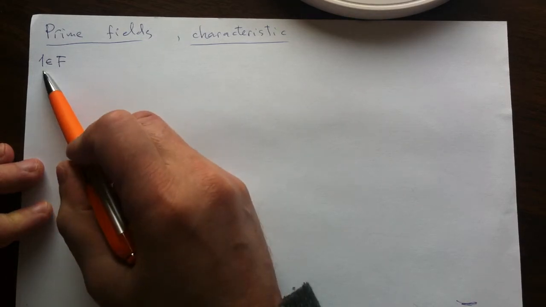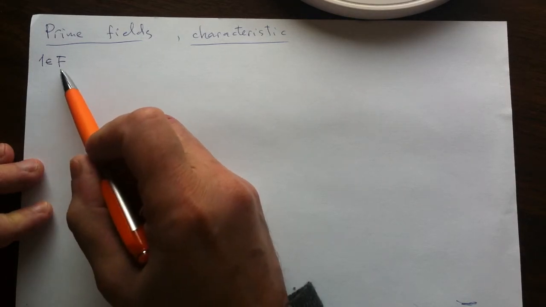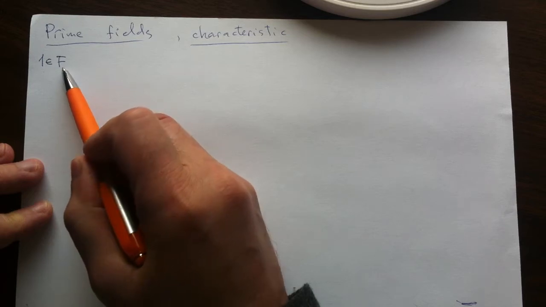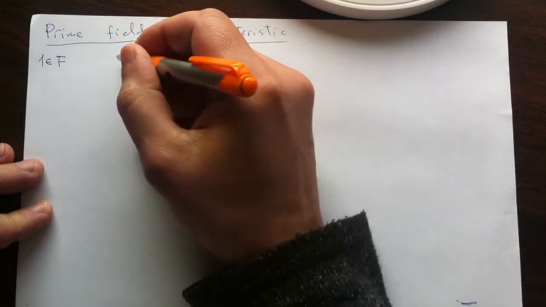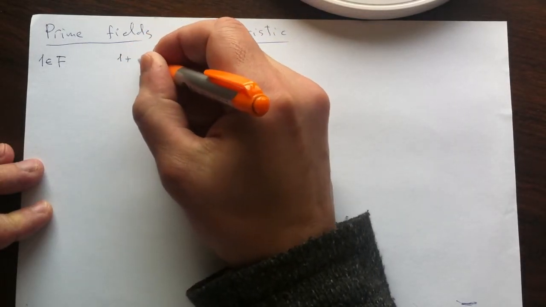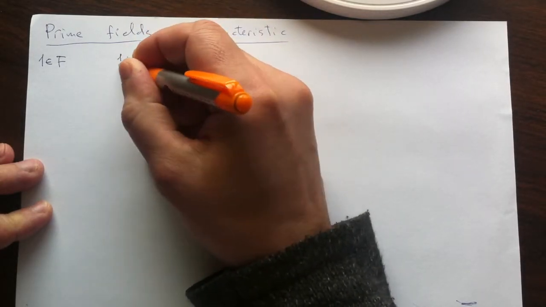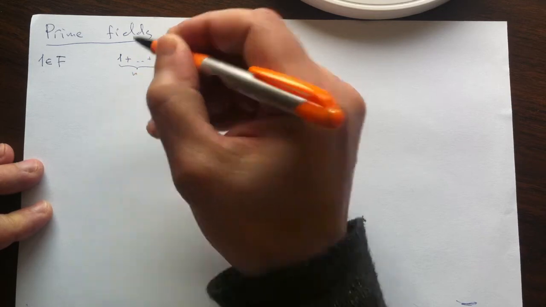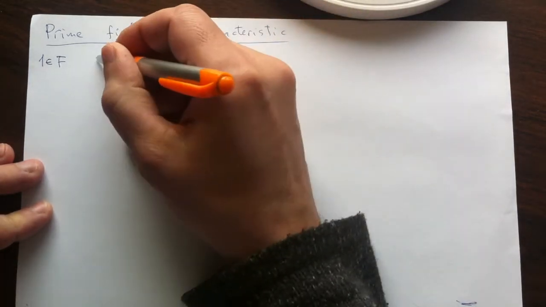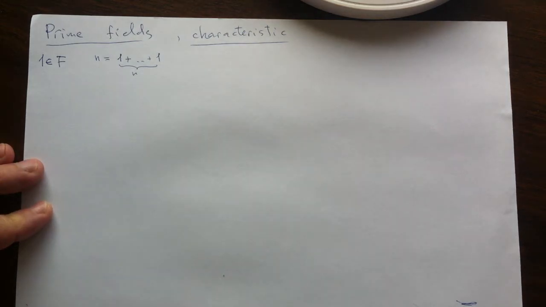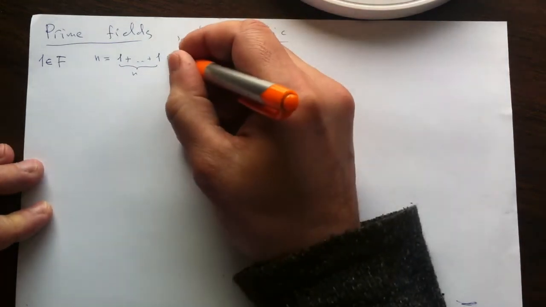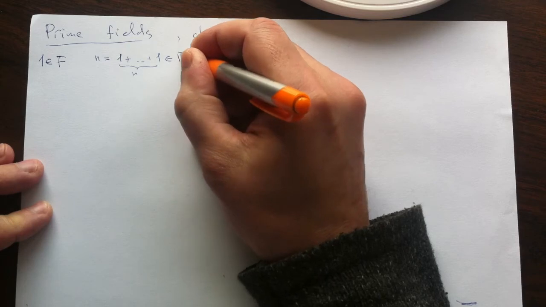And if we have an element in a field, or even more generally in a ring, we can perform the addition operation with it. If we take this element some number of times, let's call it n, and add it with itself, we will end up with something which we might consider as the natural number n, and now it sits inside our field.